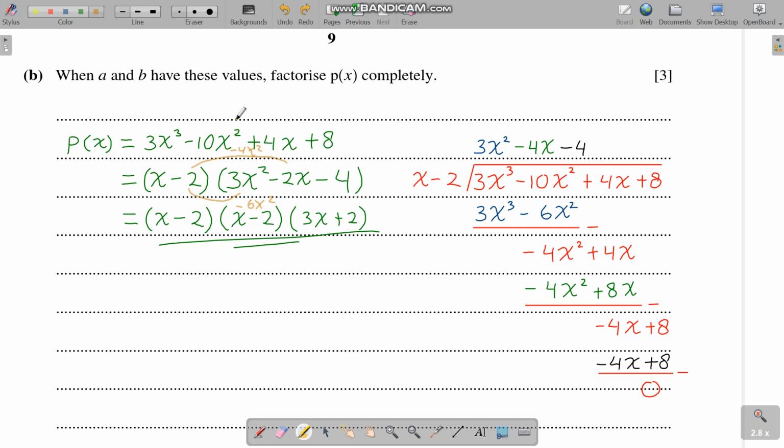Same thing with the 4x. If we multiply, just to check, minus 2 times minus 2x, we have plus 4x. Actually, we have minus 4x also from here, which will be minus 8x. Okay, so actually something's wrong here.